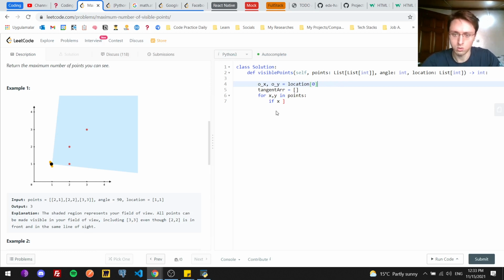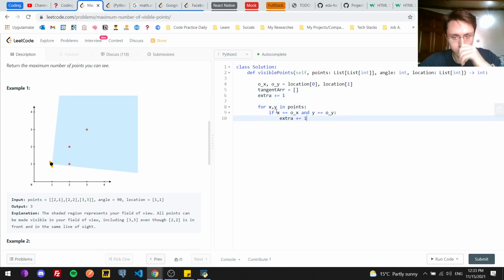So this will be 0 and then location 1. And here, if this is equal to O x and y is equal to O y, then these are the ones that are extra, and we don't want to count them. Right? So else we calculate the tangent and put it in an array.